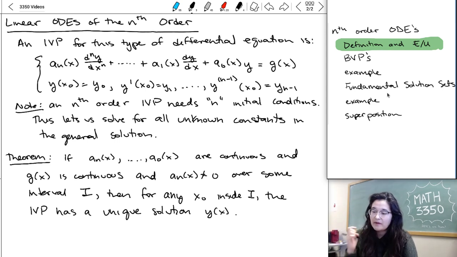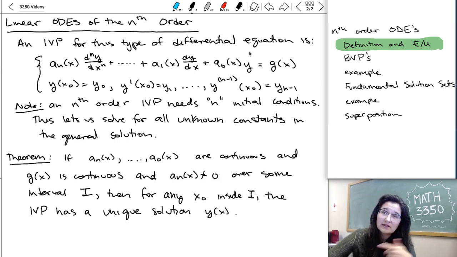So this is going to be the same way that we checked existence and uniqueness for first order equations. We have all these functions and we check if they're continuous. So do we divide by 0? Do we take roots of negative numbers? Verifying that an is not 0 is checking that not equal 0 condition. Just imagine you could rearrange this, divide everything by an, and then an equals 0 causes problems for you.